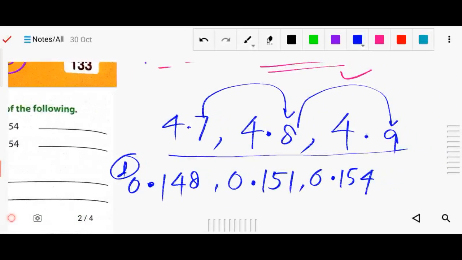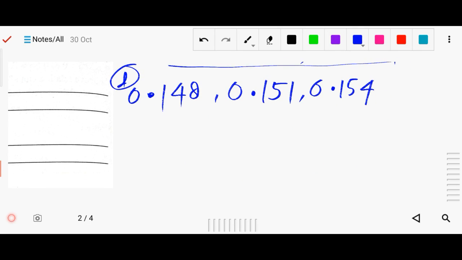You can see that the 1 is fixed, the same 1 is coming in all. Now 48, then 51, then 54. How much is it increasing? 48, then 49, 50 and 51, so 3 is increased. Then 51 to 54, again 3.